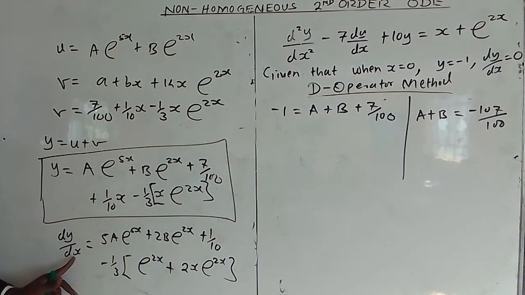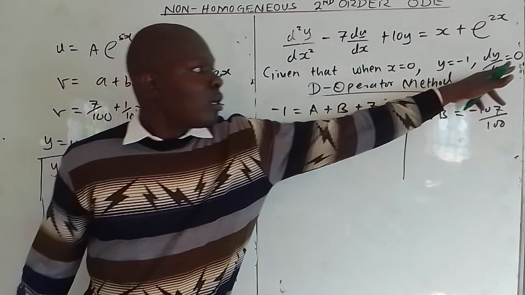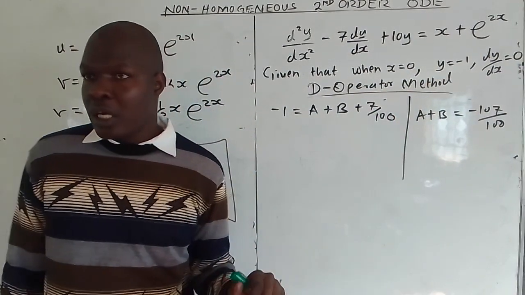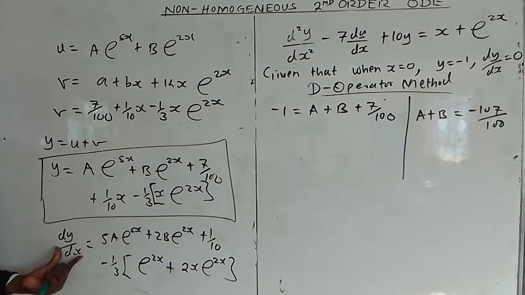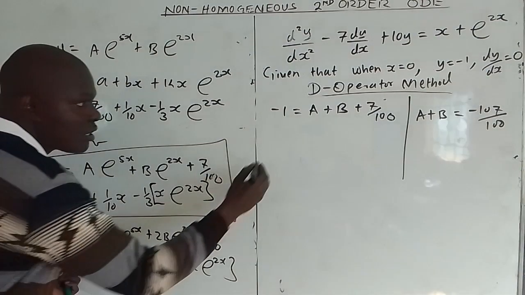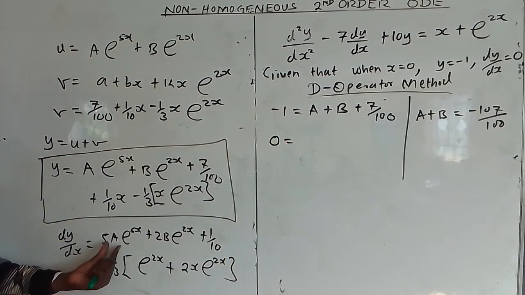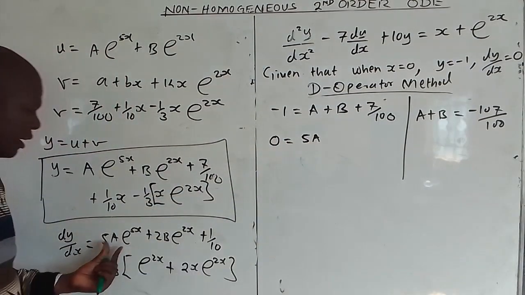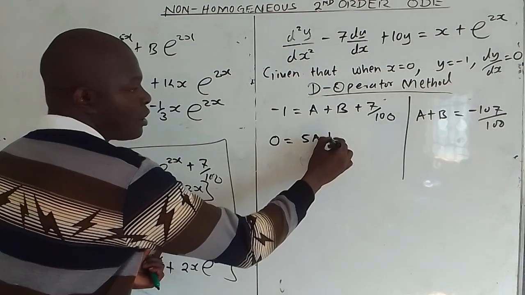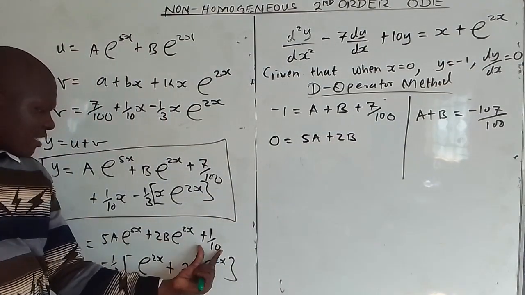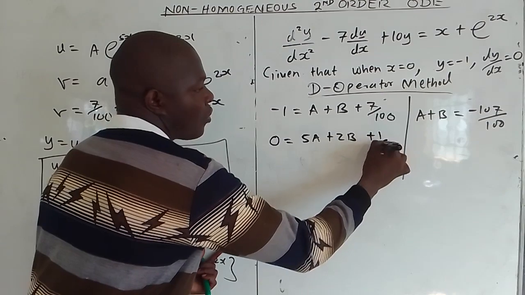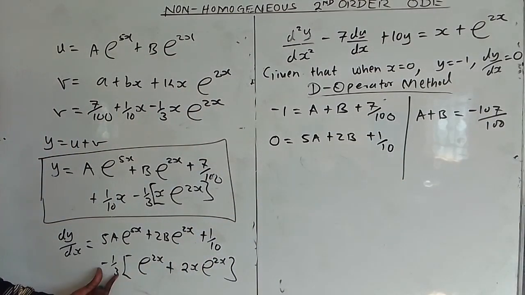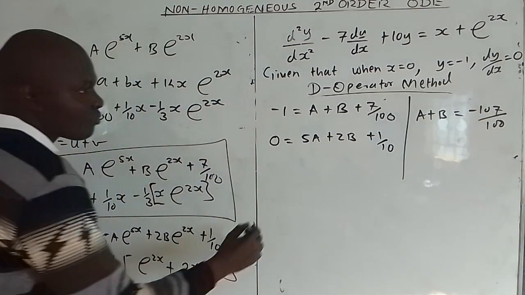Next one, dy over dx is 0 when x is 0, isn't it? Meaning where there is dy over dx, you put 0. So 0 is equals to, where there is x, you put 0, meaning here you remain with 5a, isn't it? 5a plus 2b plus 1 over 10, then negative a third into what?